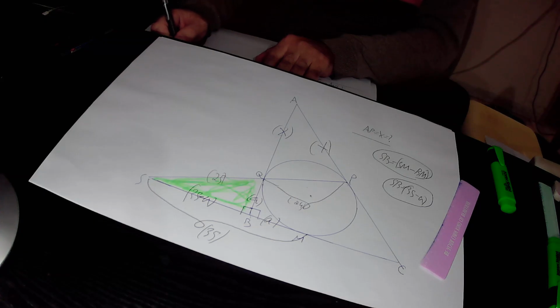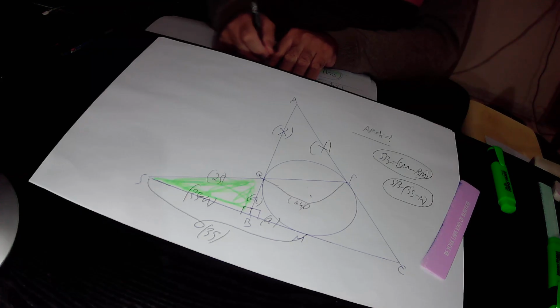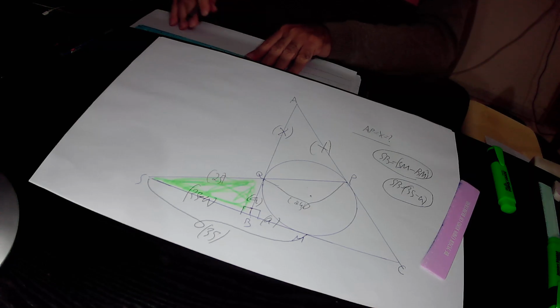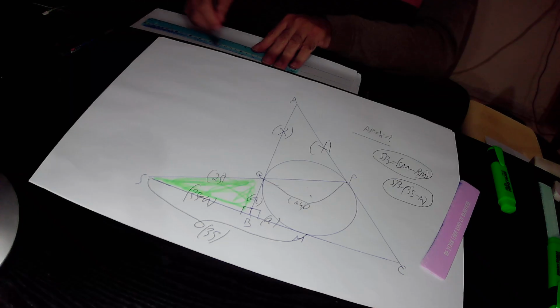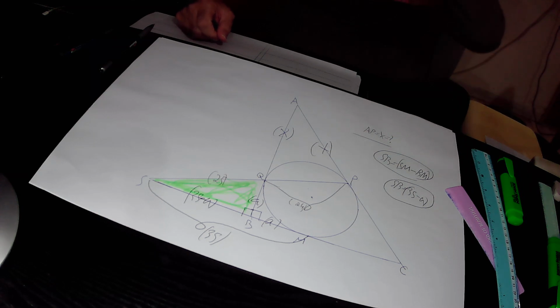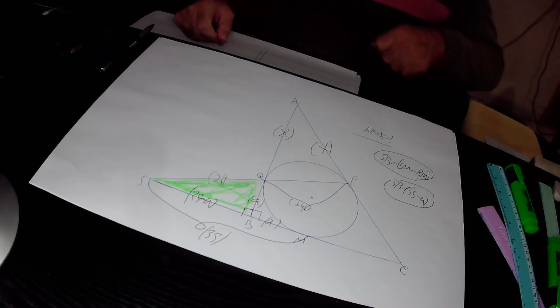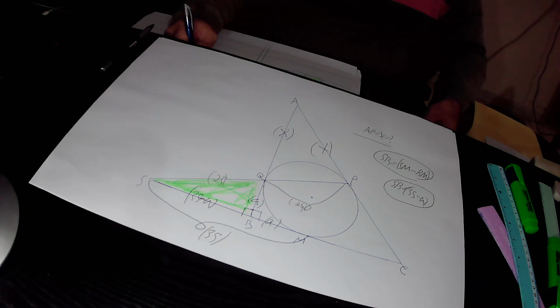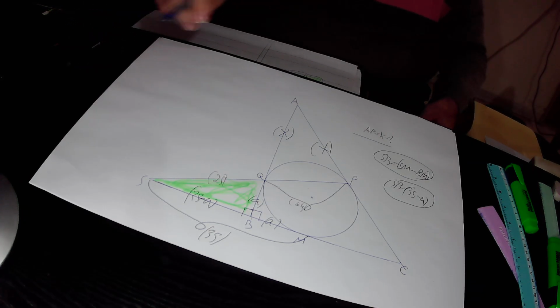Here P is short for Pythagoras theorem. According to the Pythagoras theorem, in this right green triangle QBS, QS squared, that is the square of the hypotenuse, equals QB squared plus BS squared.